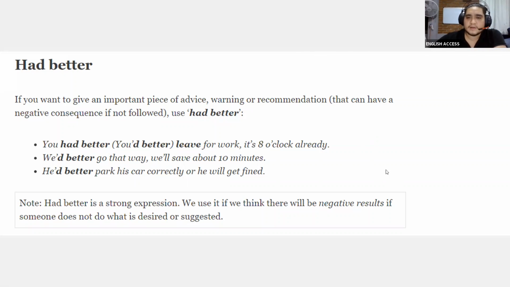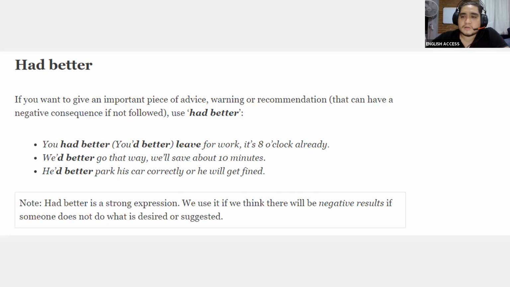Okay, now had better, as this information says, is for giving important advice or giving a warning or some important recommendations.